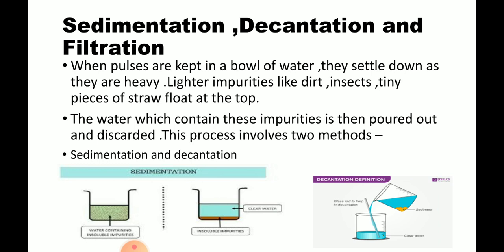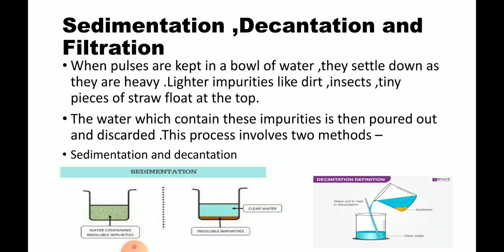And then we tilt that container, and the water drains out, and in this way we are able to wash the pulses or rice. It means we can remove the dirt or insects or any tiny pieces of straw.